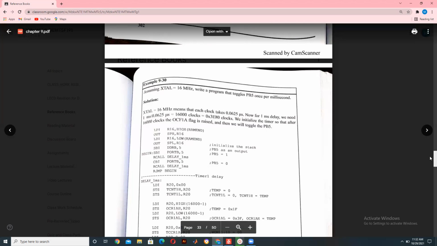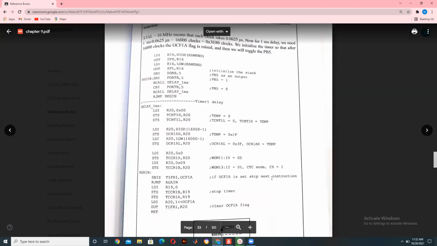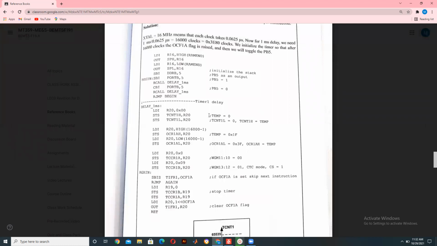For this we first load the largest value, then LDR, then temp is equal to 0, and the TCNTL flag would be 0 as well.